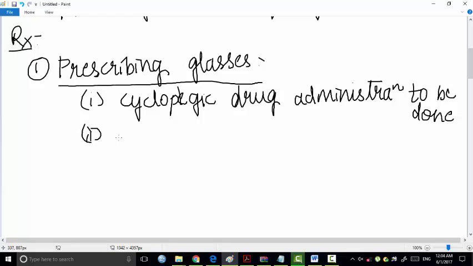So administration of cycloplegic drug like atropine will give you correct readings. 2. Spherical correction is needed.